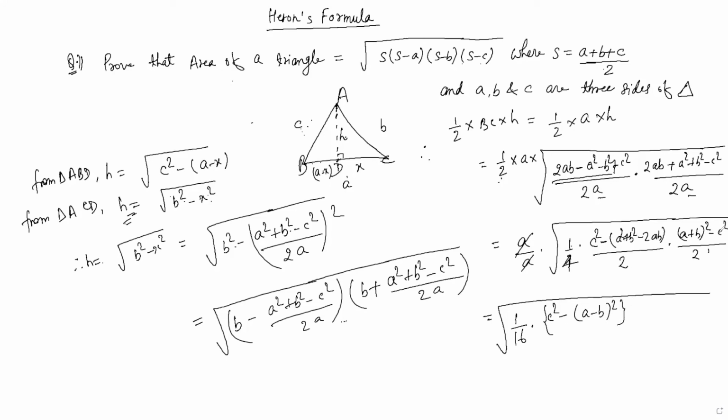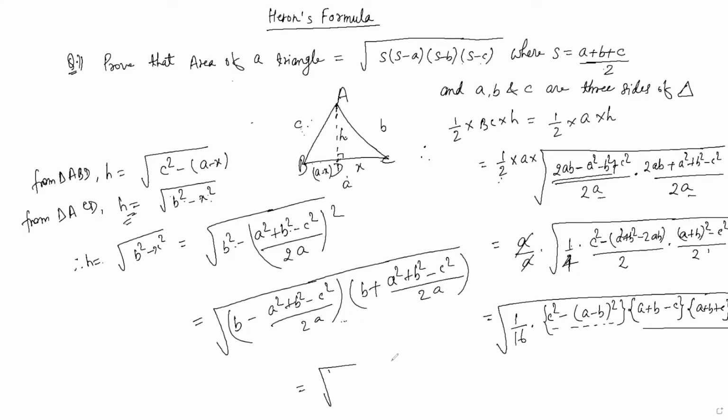Now this is a square minus b square, so we will expand this one. It will become a plus b minus c into a plus b plus c. We used the formula of a square minus b square, and then simplified it this way. Again we will use that same formula here.